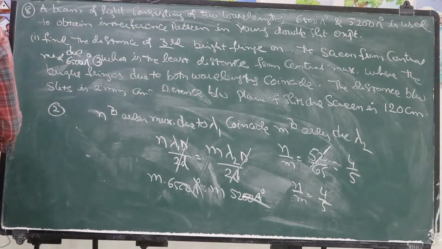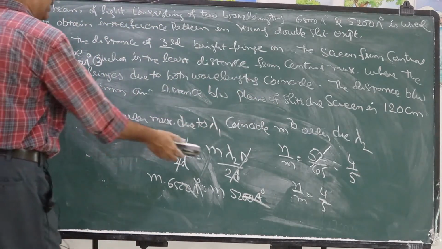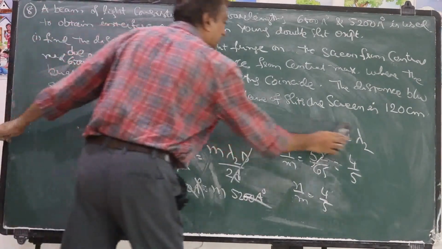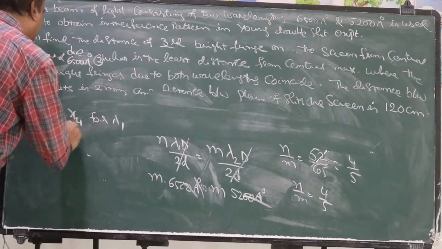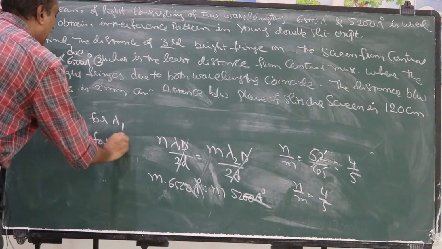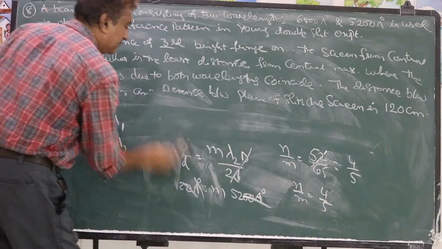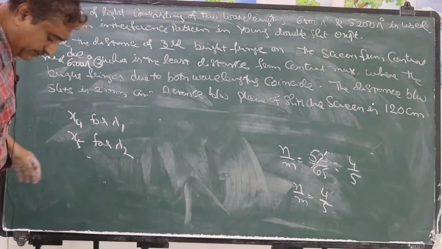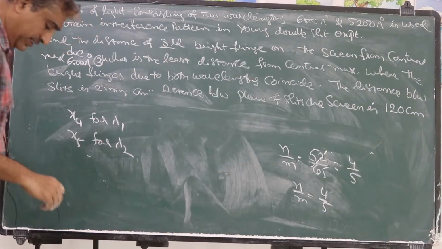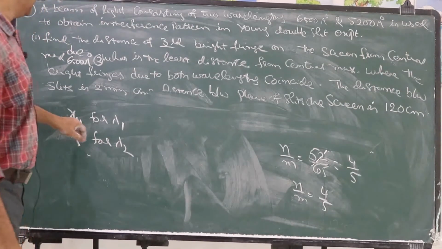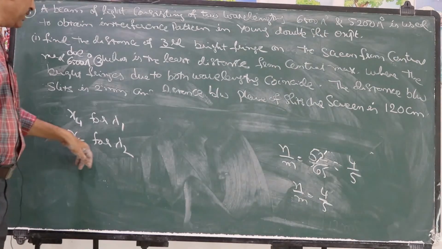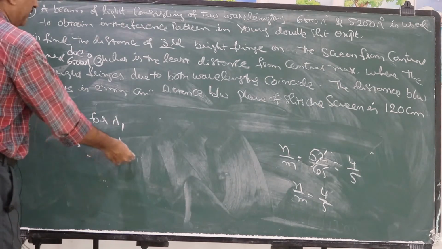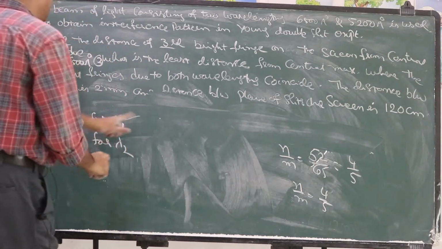So now we have to find the distance of this one. Either we can substitute for x4 for lambda 1 or x5 for lambda 2. That is, fourth fringe due to lambda 1 and fifth bright fringe due to lambda 2 coincide. So now we are calculating x4 for lambda 1.